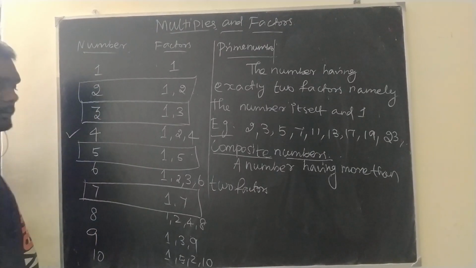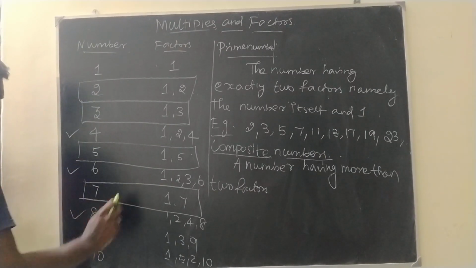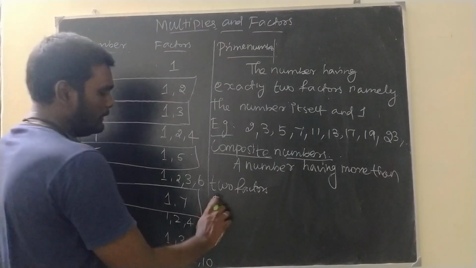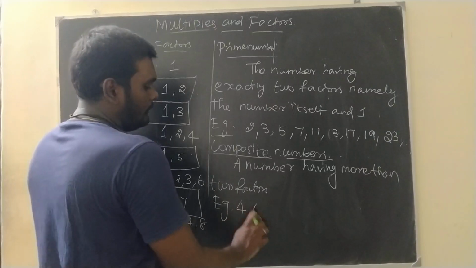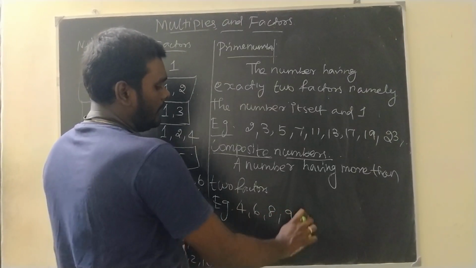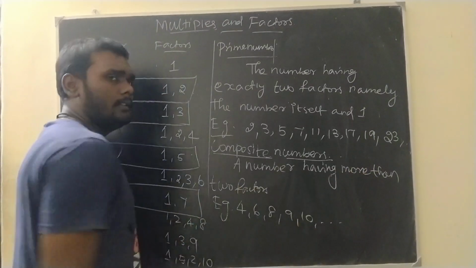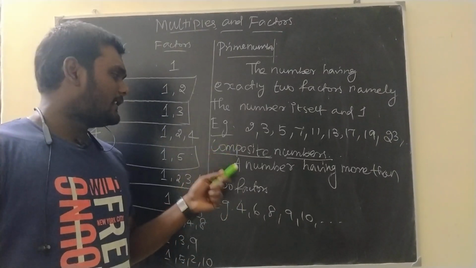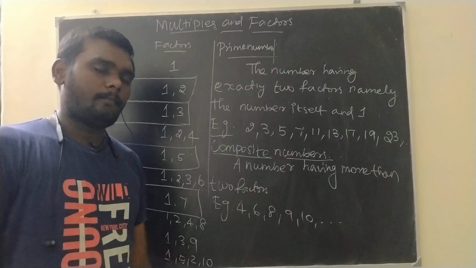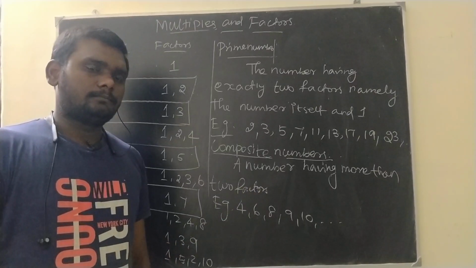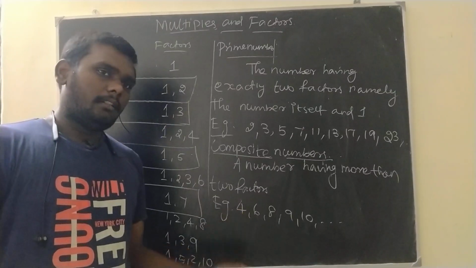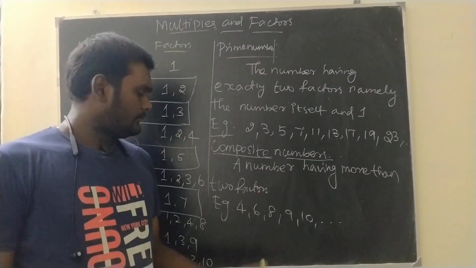Now, what are all the composite numbers? 4 is a composite number. 6, 8, 9, 10. Example: 4, 6, 8, 9, 10, and so on it goes. So, can you find the least composite number? The least composite number is 4.